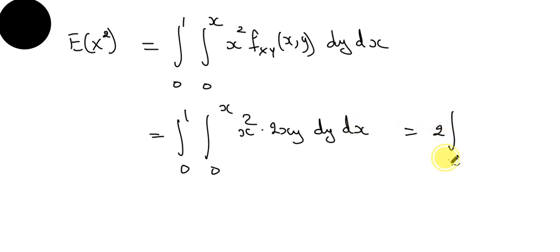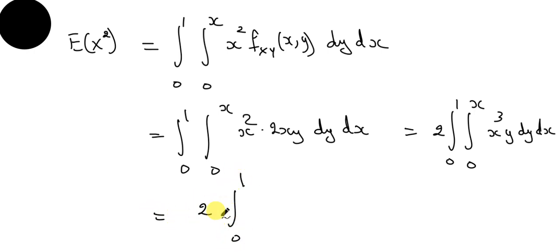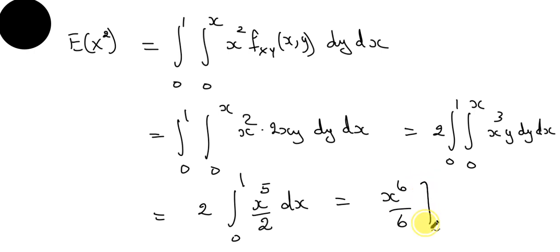So this is twice 0 to 1, 0 to x, x cube y dy dx. This will give me twice integral 0 to 1. Y on integration is y squared by 2, and so you will have an x squared by 2. So x cube into x squared, x power 5 by 2 into dx. So this is going to lead me to x power 6 by 6, all between 0 to 1, giving me an answer of 1 by 6.